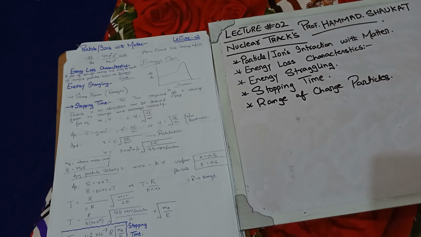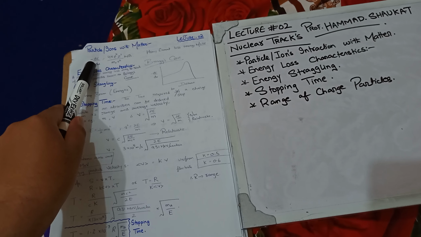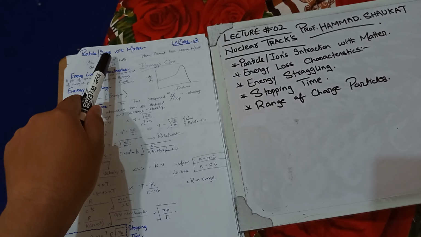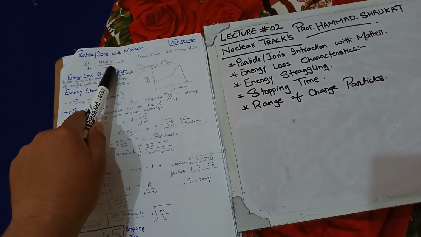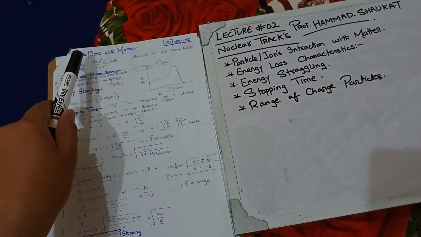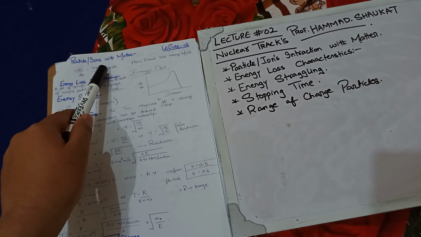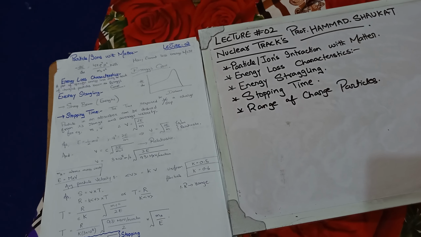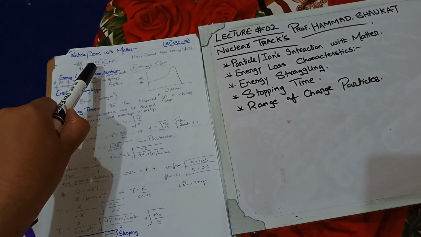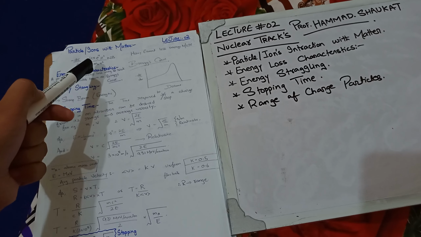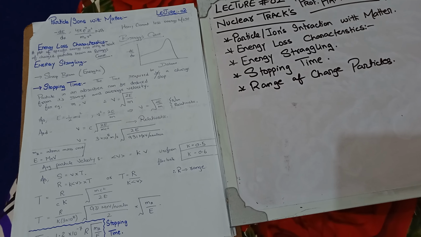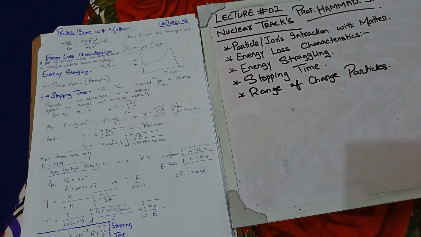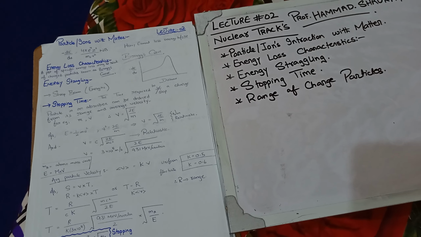This is the final formula of stopping power which we derived in our previous lecture: 4 pi e to the power 4 Z squared divided by m naught v squared, multiplied by N, times B. Here e is the electron charge, Z is the atomic number of the material in which the particle is penetrating, m naught is the rest mass of the electron, v is the charged particle's velocity, n is the number density, and B is basically the energy.